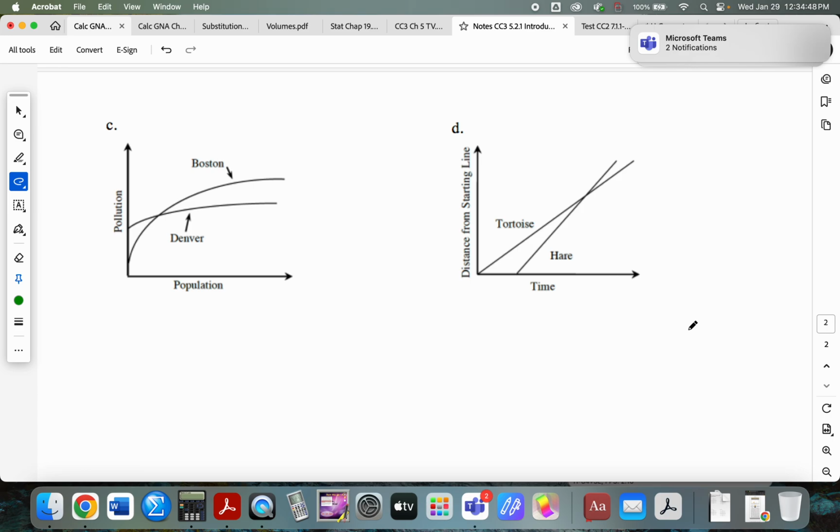Is where the tortoise and the hare at the same distance from the spelling line at the same time. Always starting at the spelling line. I must have.